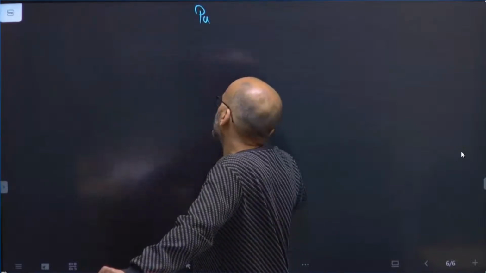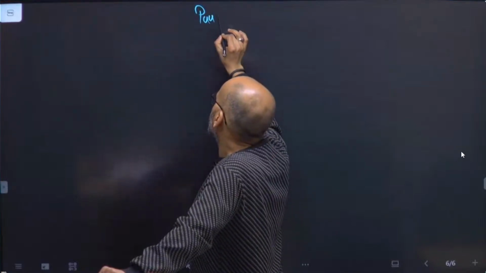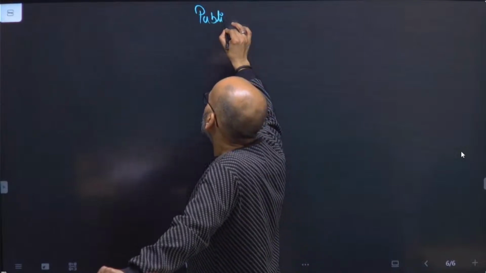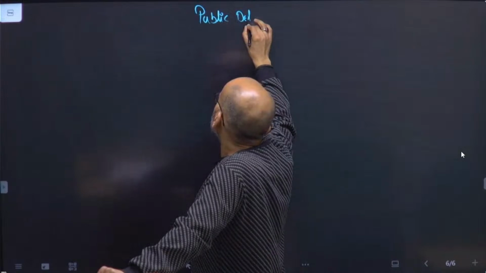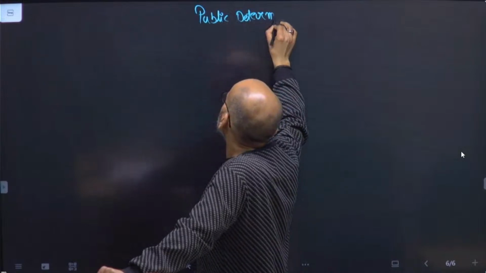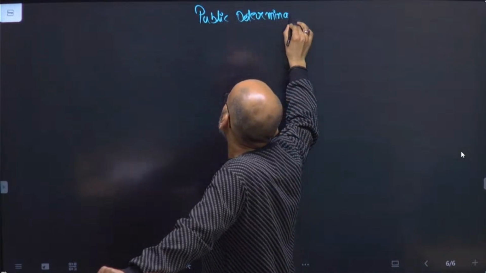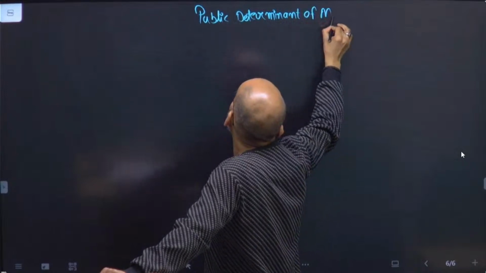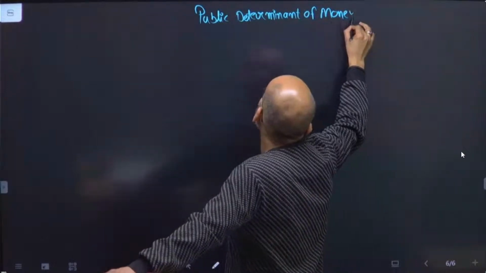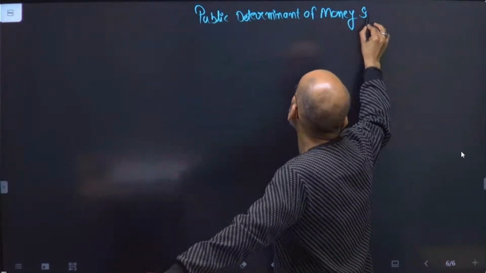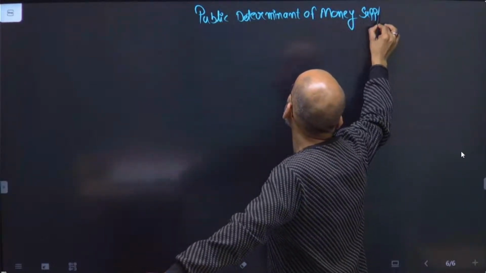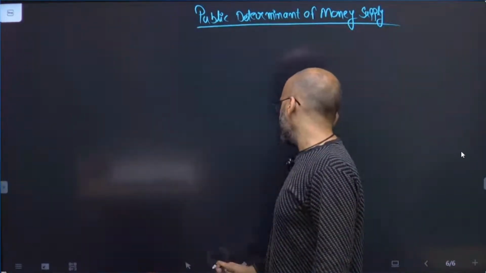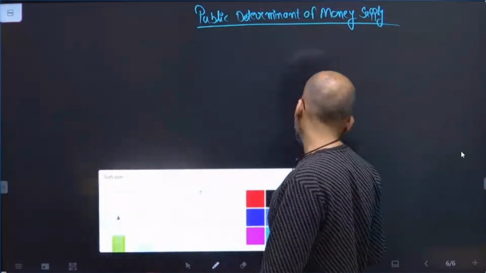Next is public determinant of money supply.